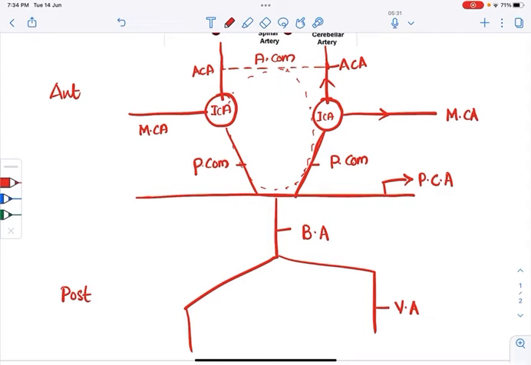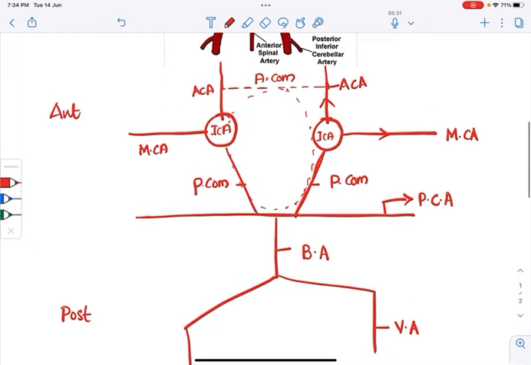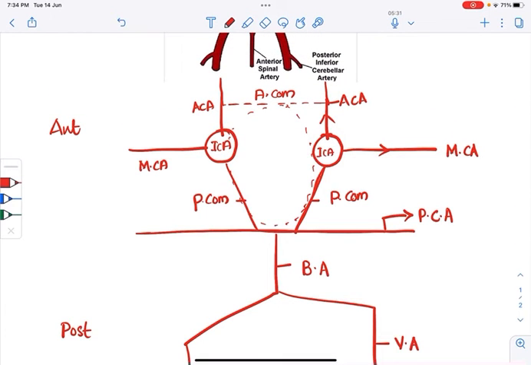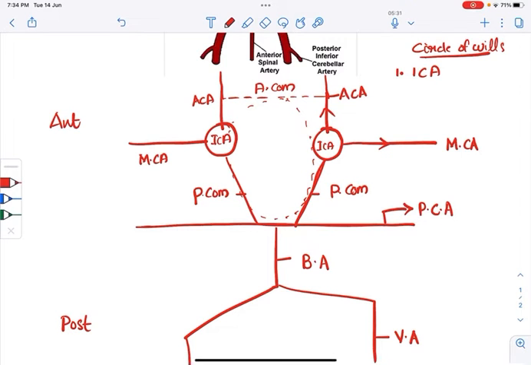When people ask you what the 5 arteries included in the circle of Willis are, we can easily say it with this picture. We can go in order in an anti-clockwise manner. It will be the ICA, the internal carotid artery, then the anterior cerebral artery, this part going upside, then going here.